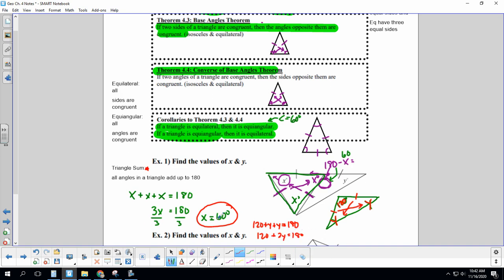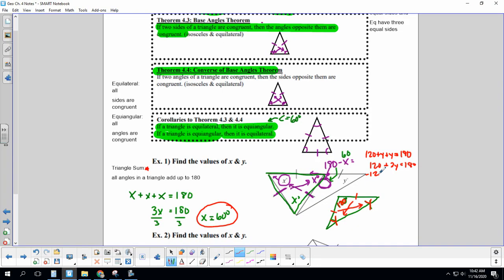We're going to subtract 120 from both sides, and we get 2y equals 60. Divide both sides by 2, and y is equal to 30 degrees. All right, fun, fun.